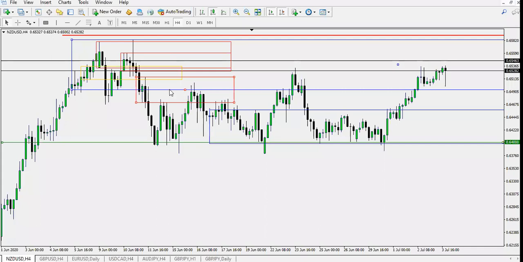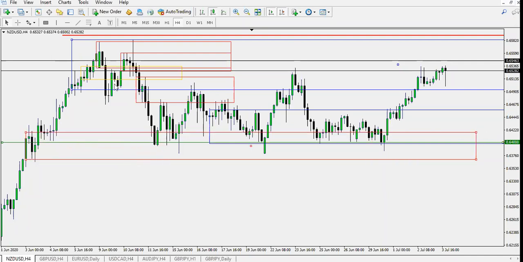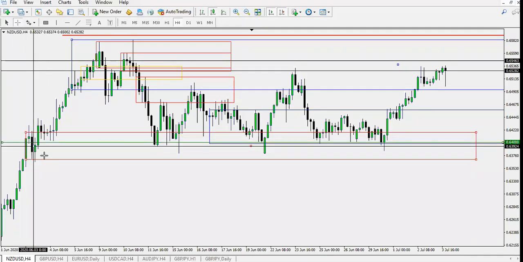So when price fell, where did it fall into? Well, we have a 4 hour bullish order block sitting over here at this level, and we can see how price respected this order block over here.